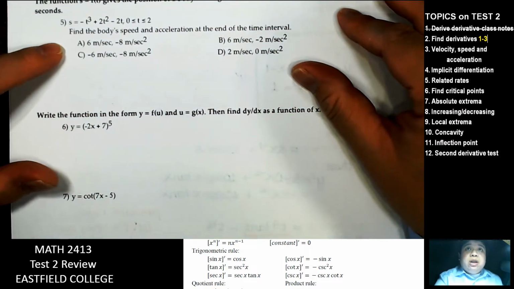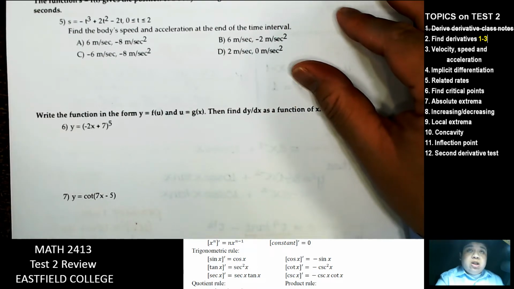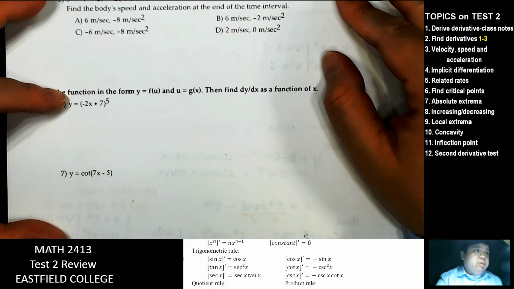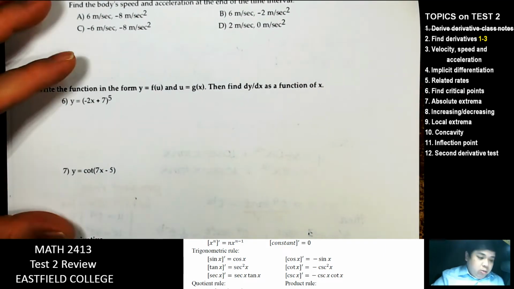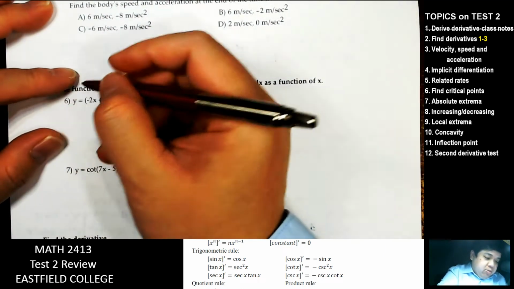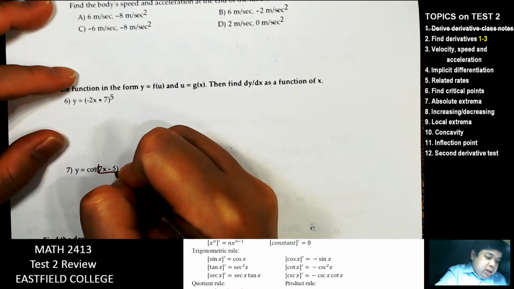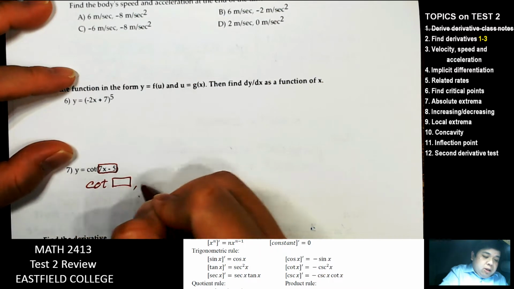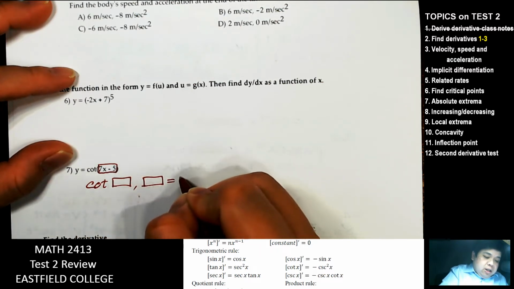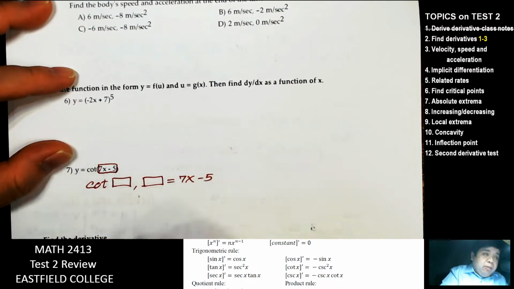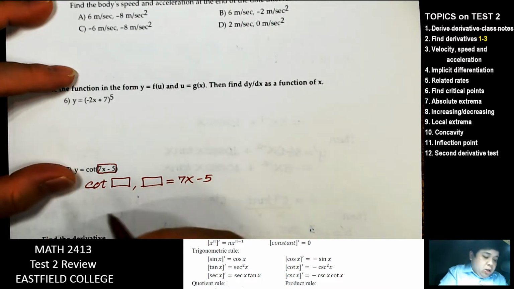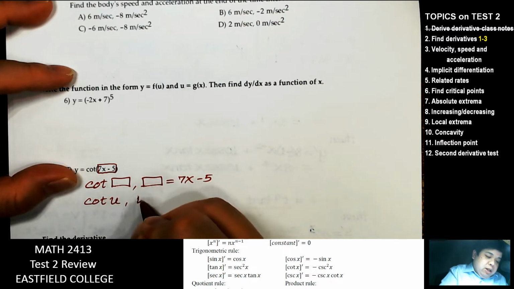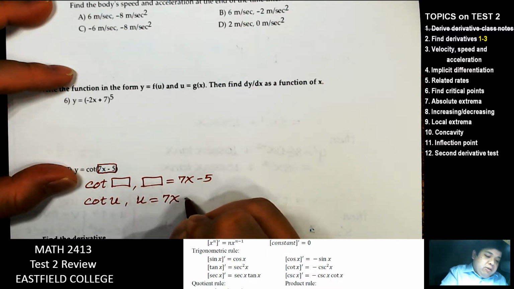Right. We get back to this problem, that is velocity and acceleration. We do not have the decomposition function. I'll just do one quickly. So we can, for example 7, we can put that in the box, and we have cotangent of the box, and the box is 7x minus 5. So we can say cotangent of, let's say u, and then u is 7x minus 5.